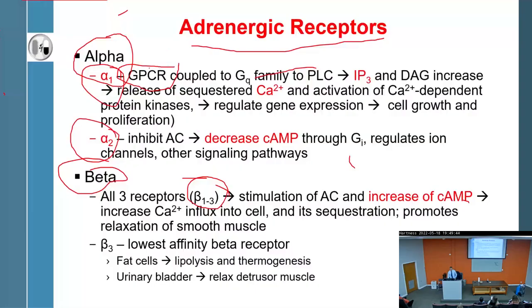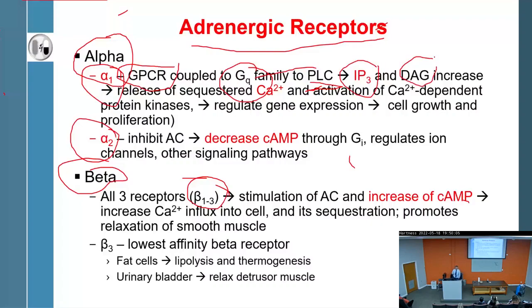And so I'm going to mention briefly. In the case of the alpha-1 receptor, for example, the alpha-1 activates a G protein subtype Q, and then you have phospholipase C as the effector, and you know that that will produce some lipid mediators like IP3 and diacylglycerol. And what happens with that?